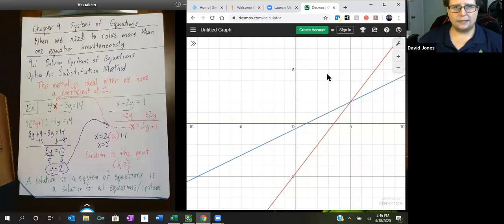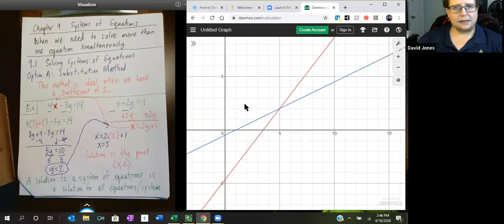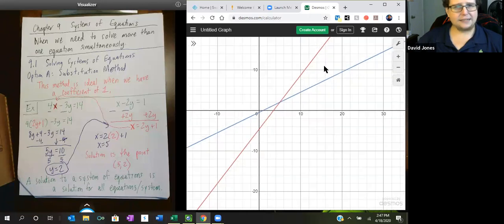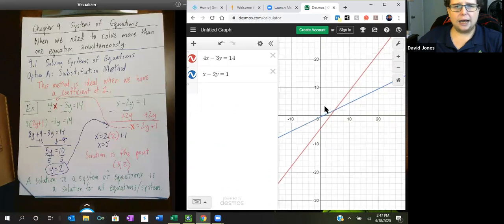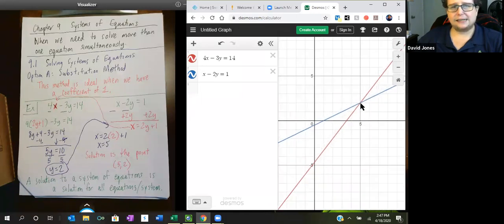So what is going on here? Well, each of these is a line. Every point on the red line solves 4x minus 3y equals 14. Every point on the blue line solves x minus 2y equals 1. The only point that is on both lines is where they intersect. And look at that. 5, 2, which is what we have over here.